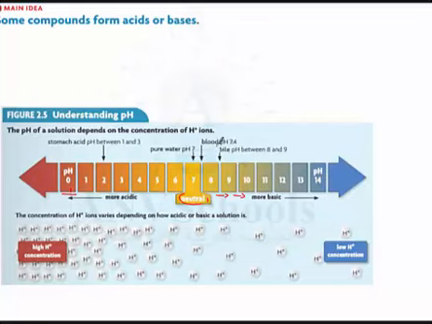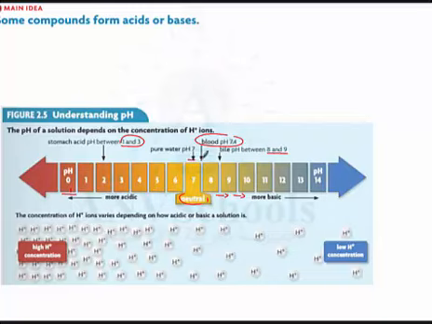Blood pH is about 7.4. Bile pH is about 8 to 9. But stomach acid is in the range of 1 to 3. And pure water is at about pH 7.